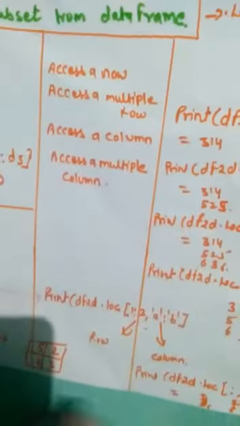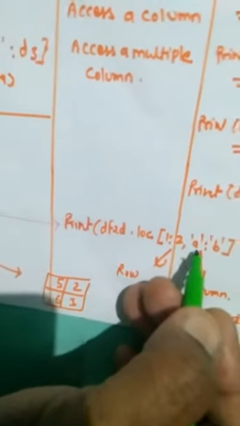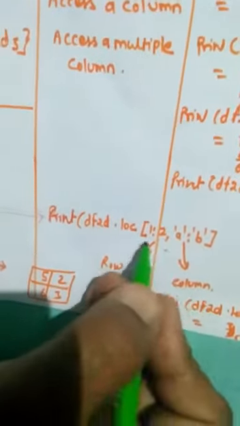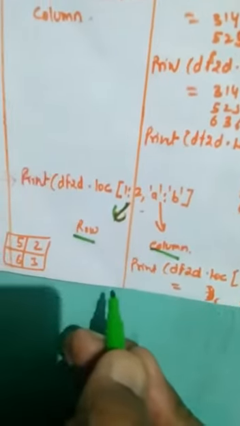For that we have to revise our concept of print df2d dot loc 1:2 comma a colon b, where 1:2 represents rows, the left portion will represent rows and the right portion will represent columns.